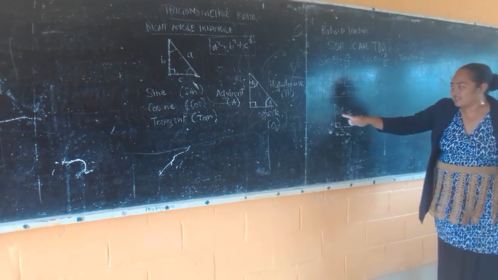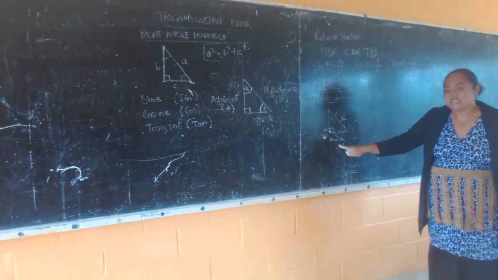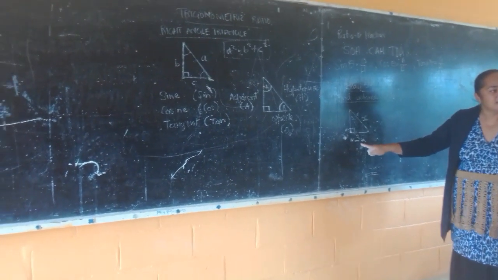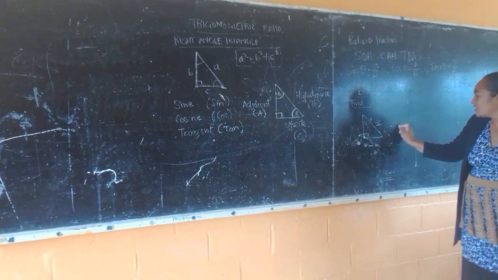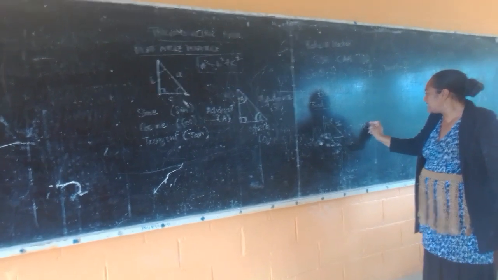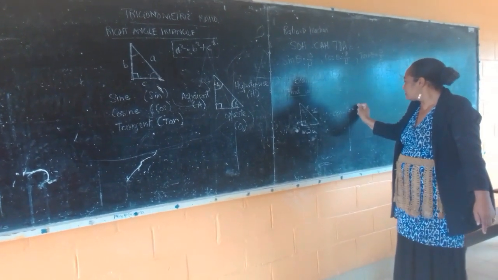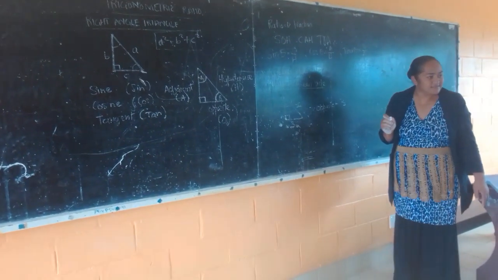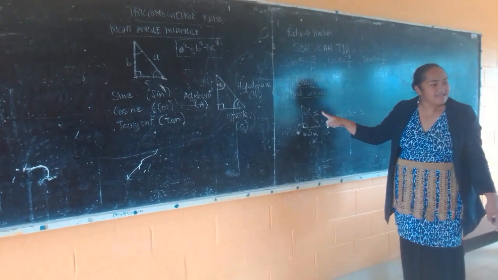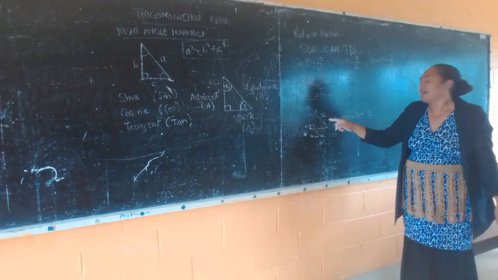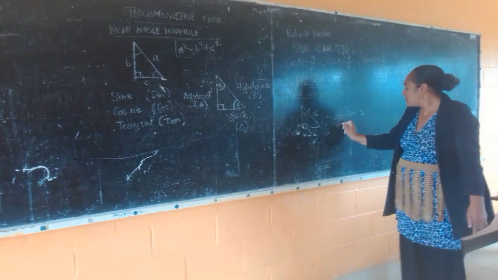Remember what I told you? If this is the angle, what is this? Opposite. So you find the opposite, which is equal to 3. And then you are finding x. X is the what? Hypotenuse.